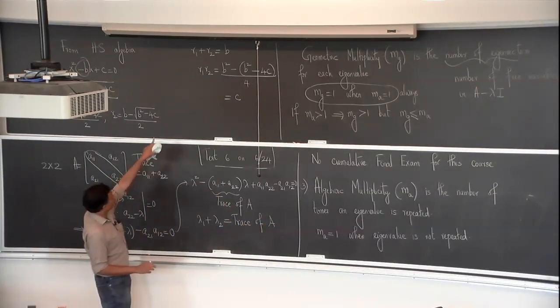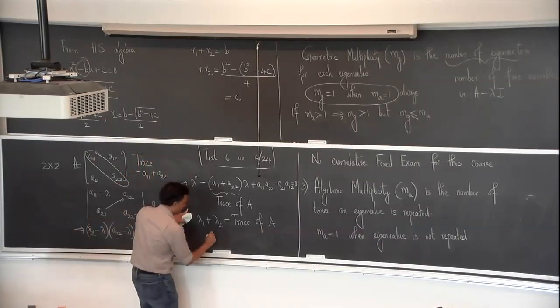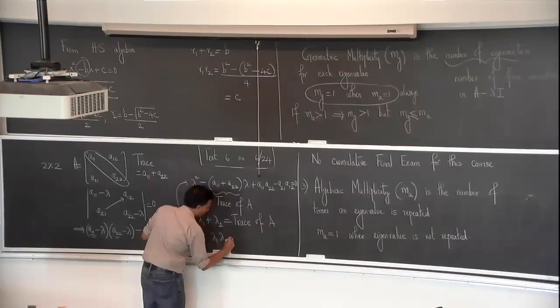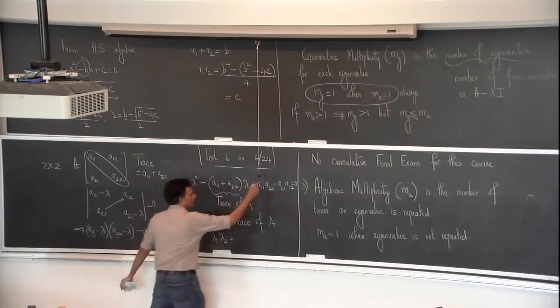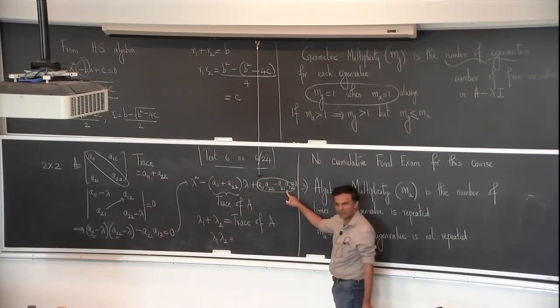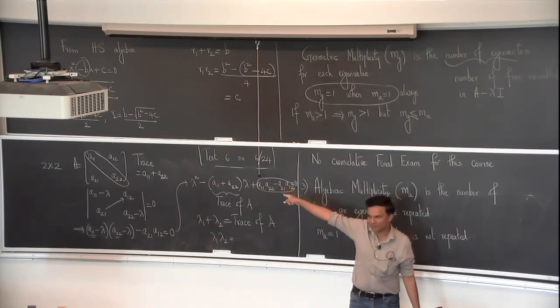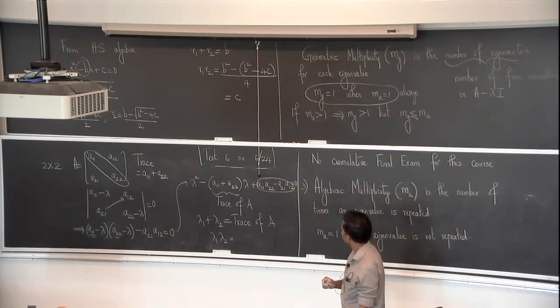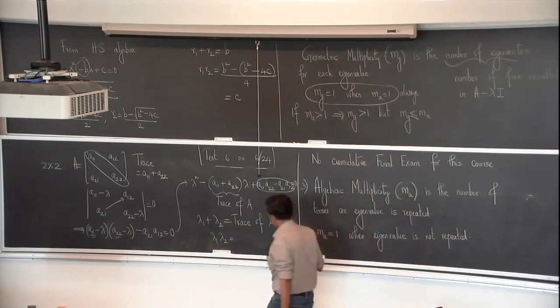Not only that, the more important one is the product of those two, lambda 1, lambda 2. What does this quantity here represent? A11, A22 minus... if you look at that 2 by 2 matrix, what is that thing? The determinant. It's the determinant.